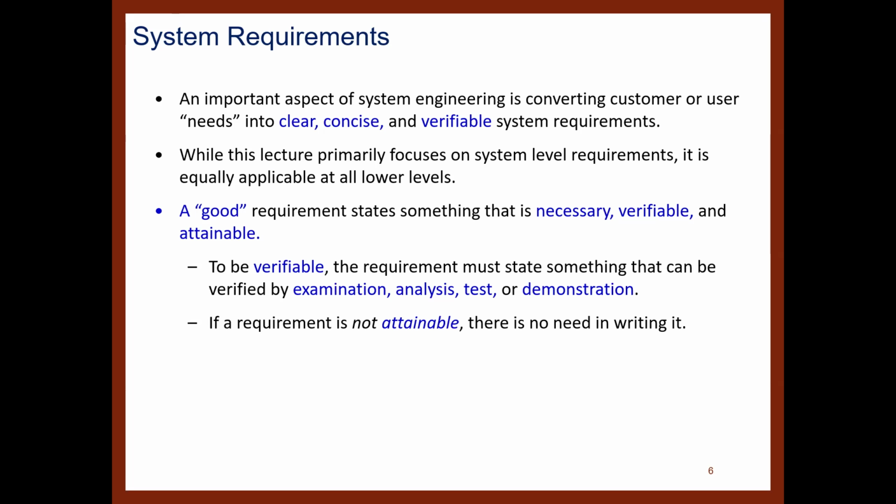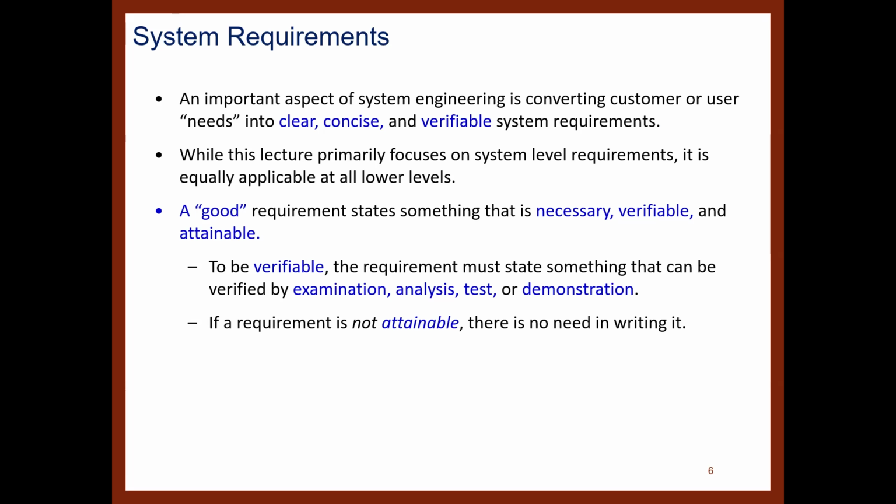A good requirement states something that is necessary, verifiable, and attainable. To be verifiable, the requirement must state something that you can measure or verify by examination, test, or demonstration. If a requirement is not attainable, then there's no need for you to write it, right? So if it's something that you know you're not going to be able to achieve, or if not needed, or sometimes we write requirements that basically cancel each other.